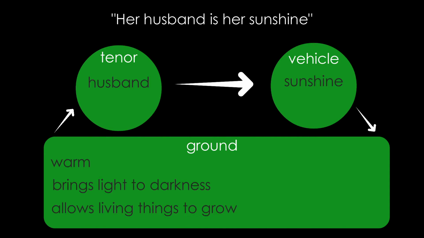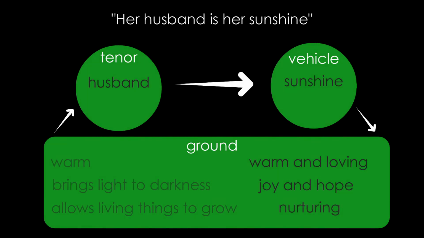Her husband isn't warm in the sense of temperature, for example. Once we have transformed these physical properties into abstract personality characteristics, we can see that the writer has painted a portrait of a man who is warm and loving, who gives her joy and hope, and who is very nurturing, which allows her to flourish.